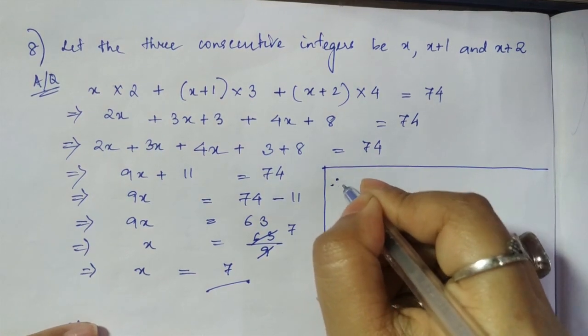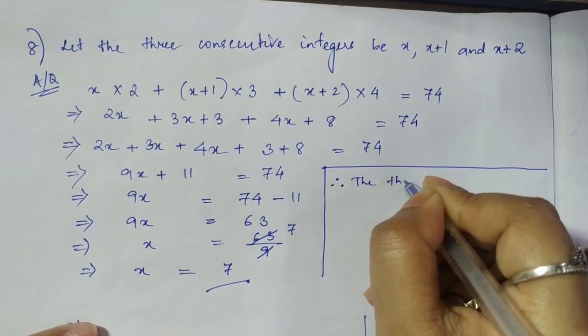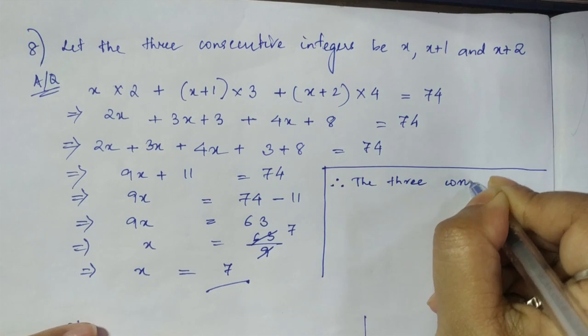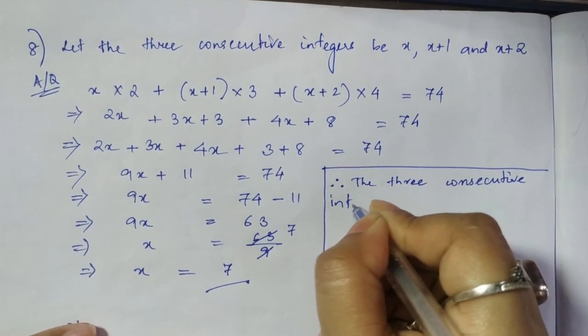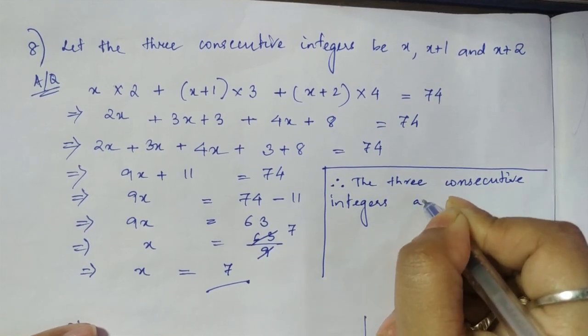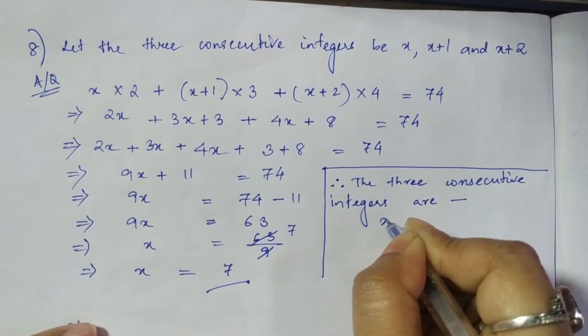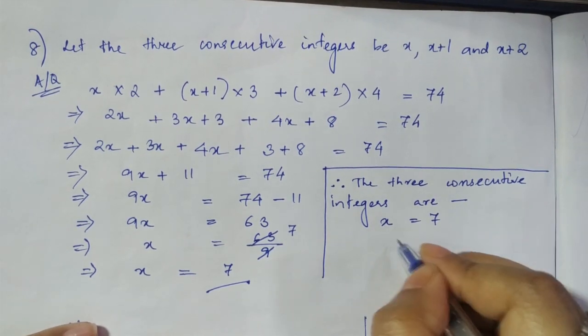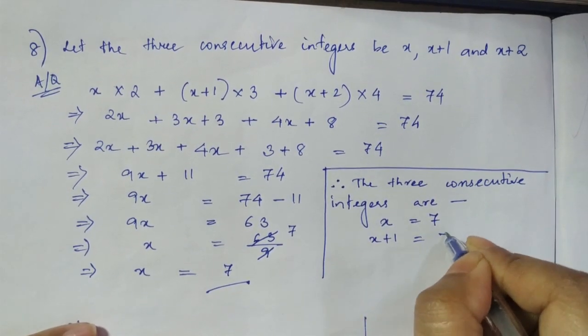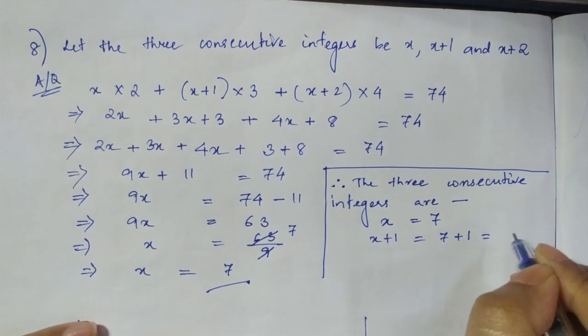Therefore, the 3 consecutive integers are: first one is what? x. x is equal to what? 7, right? Second one is what? x plus 1. So it's equal to 7 plus 1, which is equal to 8.